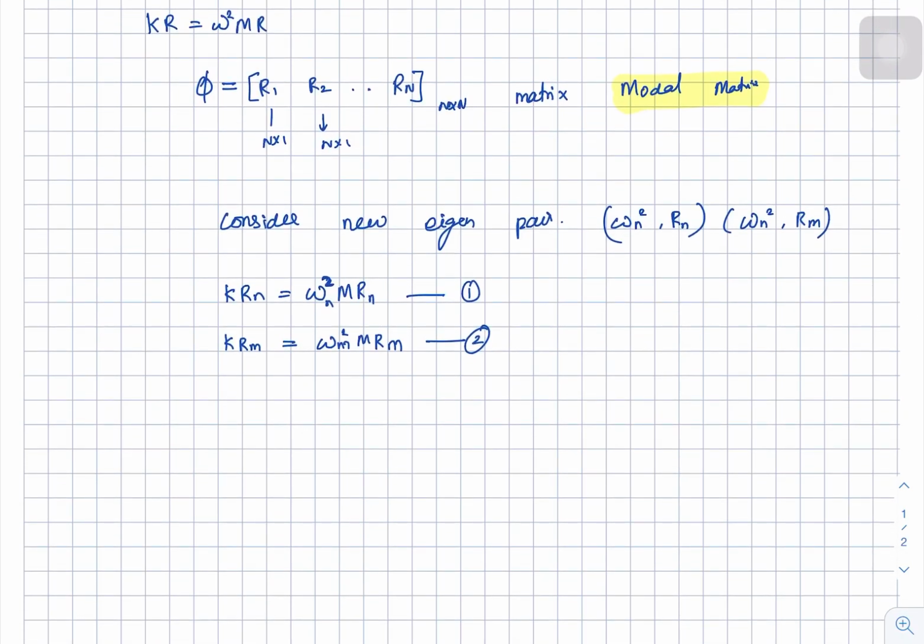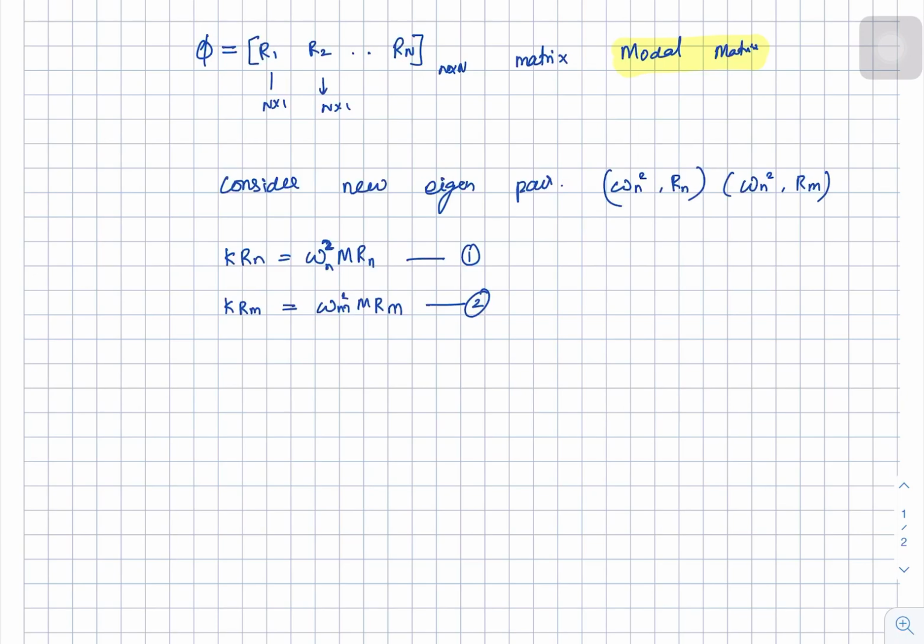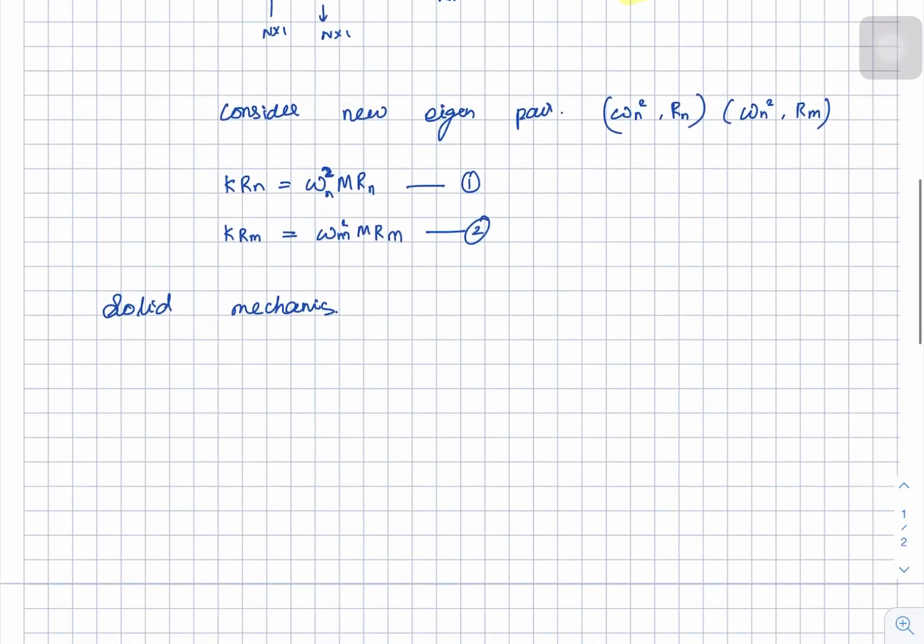So now, in order to move further, we need to review some concepts from solid mechanics. Let's take a beam where both ends are supported like this. Then we apply some forcing, and it will deflect.